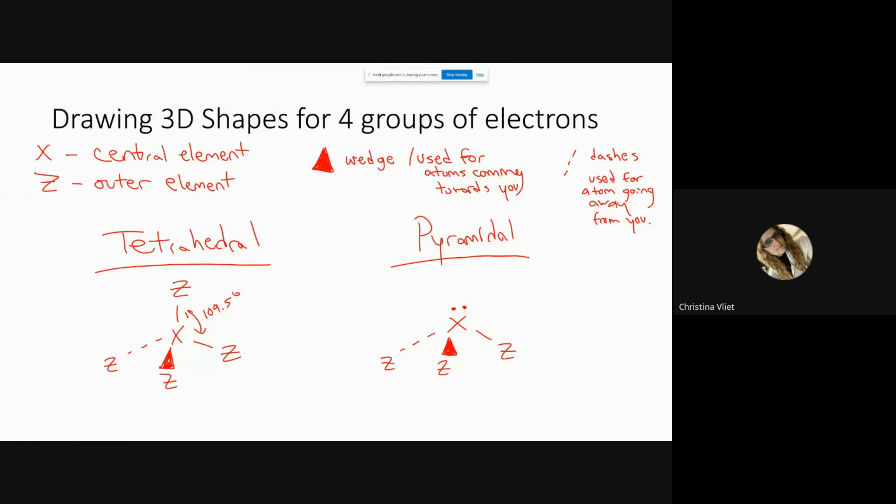That's how you're supposed to understand it. So this atom's on top, this is face down like that, that's face down like that, and it's face down the other way. And that's called pyramidal. And the bond angle between any of these two atoms would be 107. Just to remember.